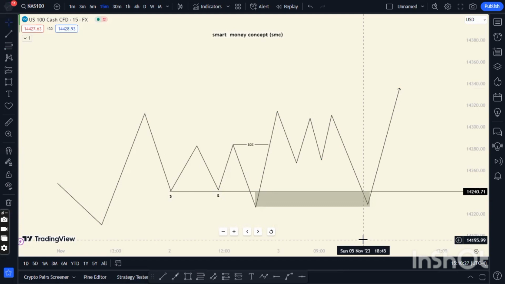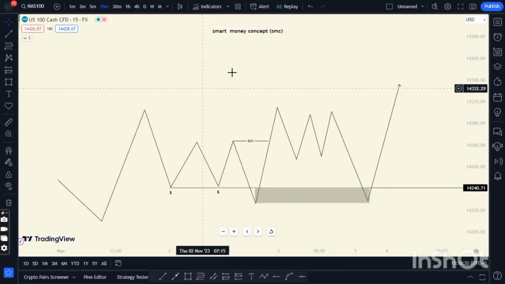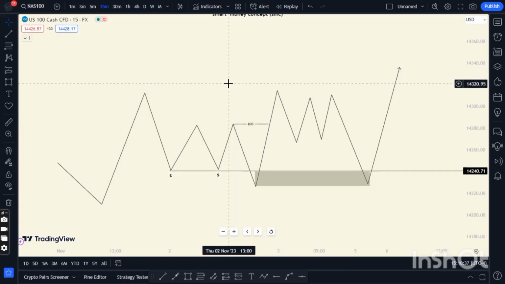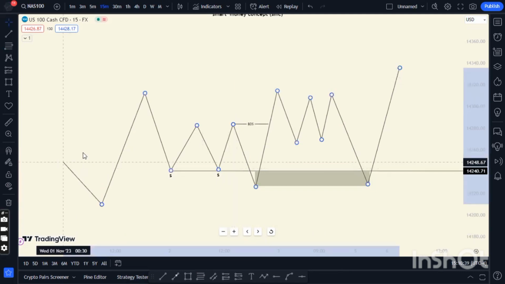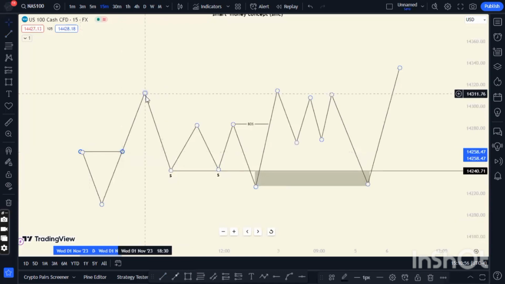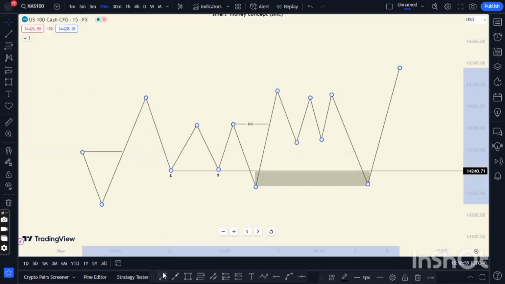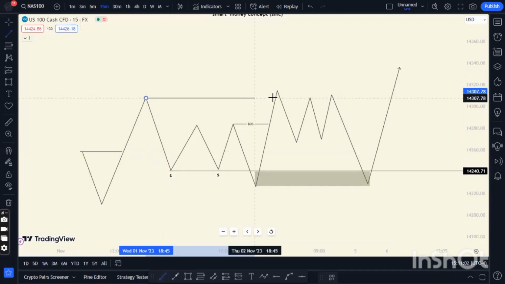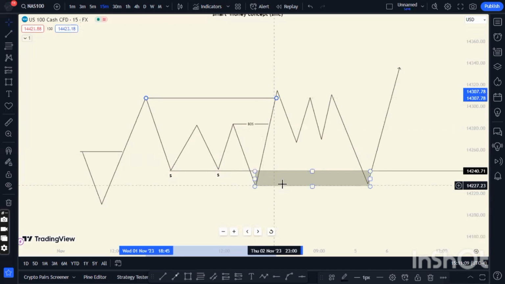Before you start trading smart money concepts, you should learn how to spot the structure. Smart money concept is trend following. If you look at here, we also have another break of structure, which made this demand zone here valid.